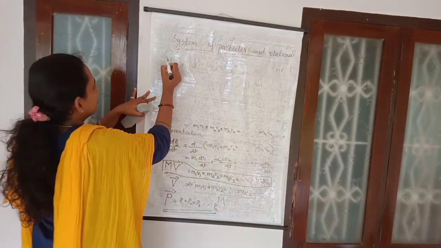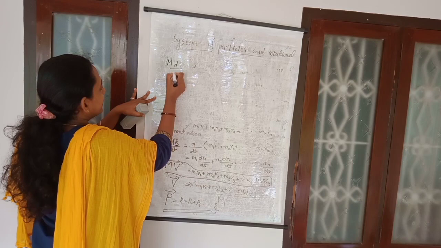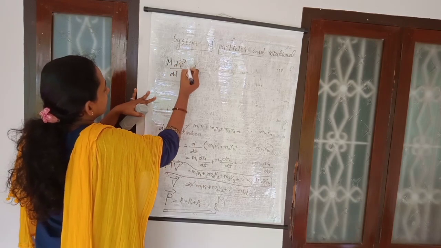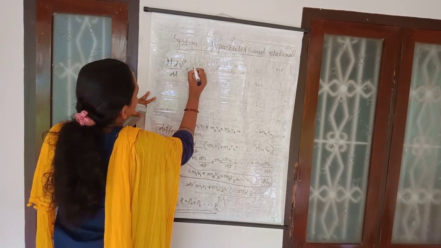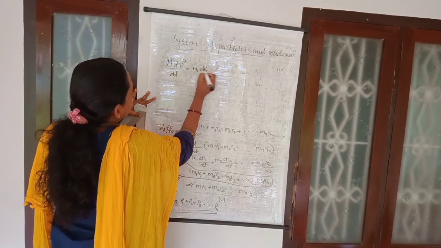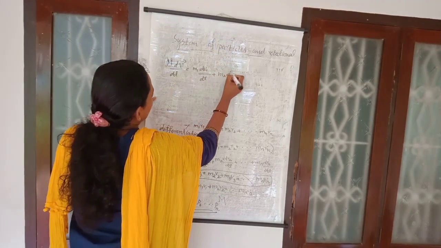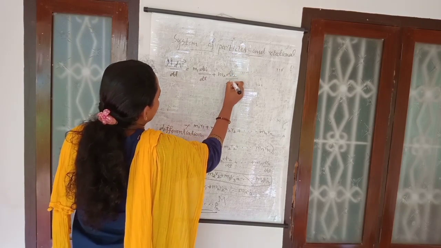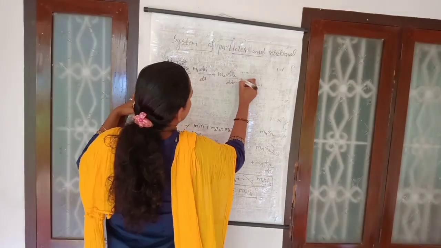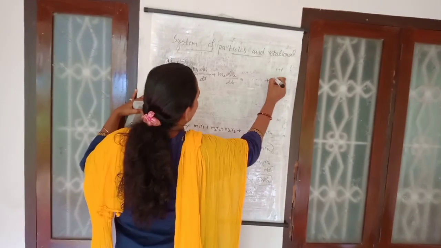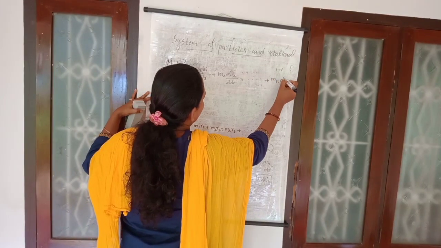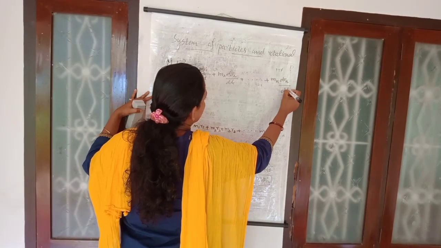M into d by dt of V becomes equal to m1 dv1 divided by dt plus m2 dv2 divided by dt plus etc., for the nth one, mn dvn divided by dt.